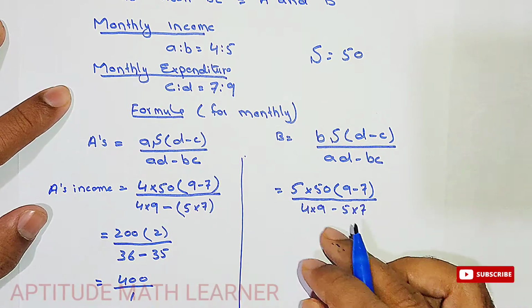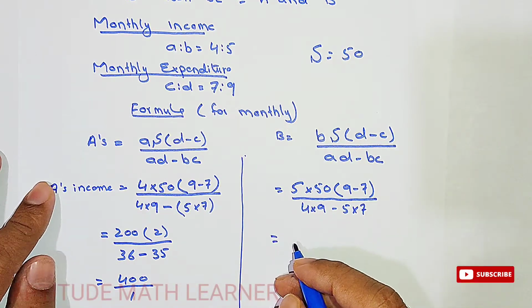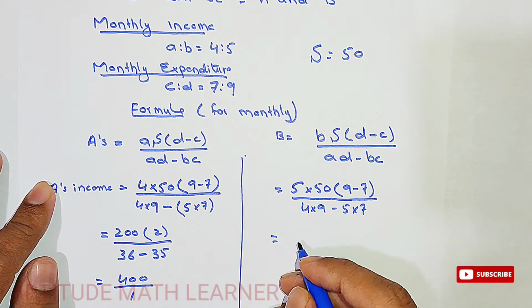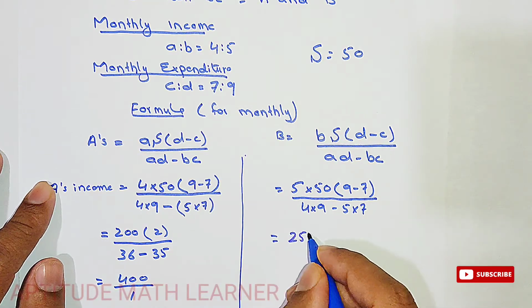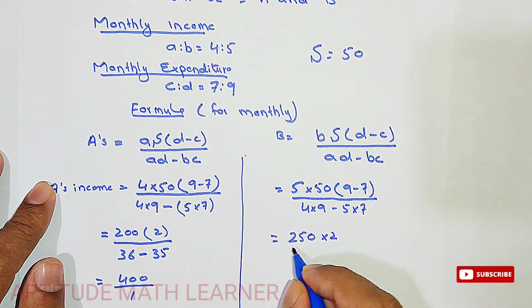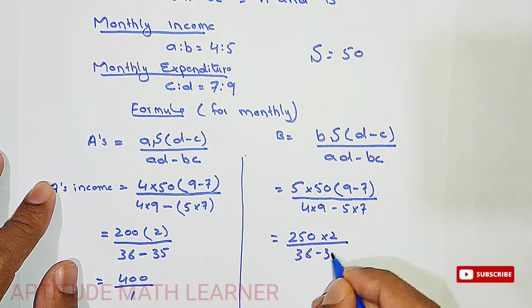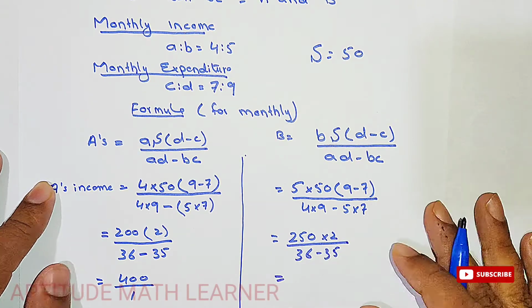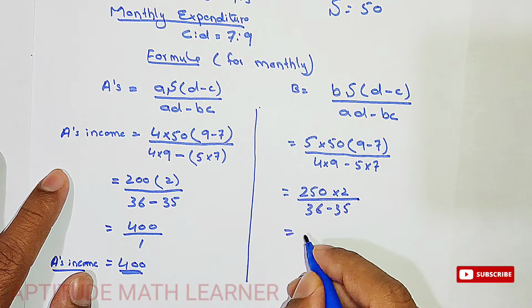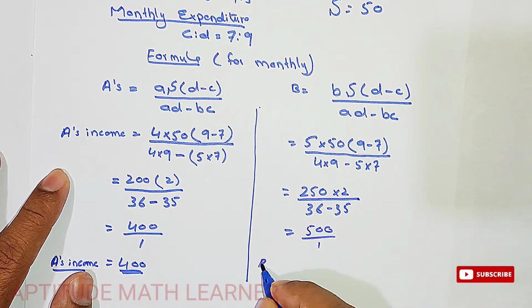So this is B's income. That becomes 250 multiplied by 2 upon 36 minus 35. So this becomes 500 upon 1.